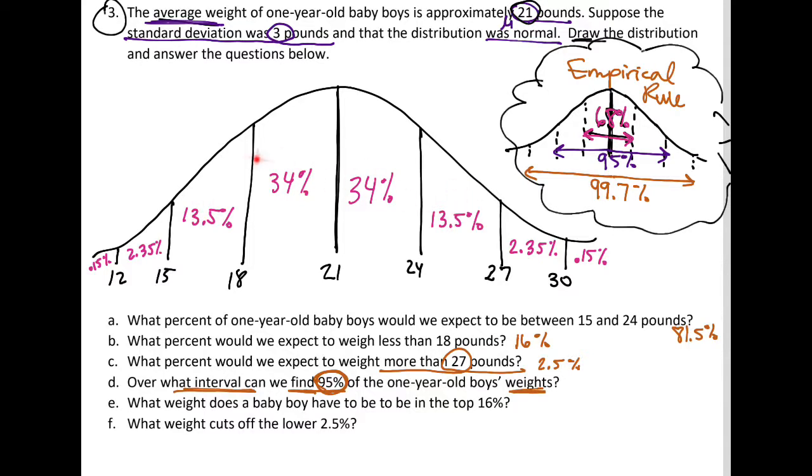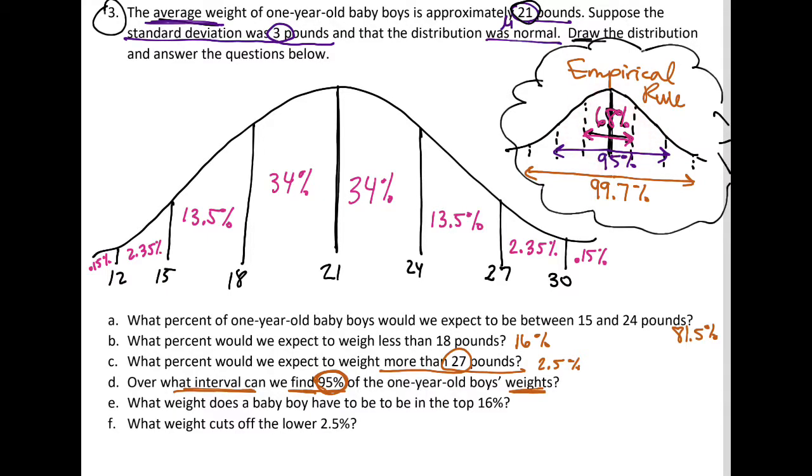We need to figure out which percentages add up to 95% and then figure out which lines those are related to. So I'm going to just start in the middle here. If I add these two, we get 68. Well, notice if we look at our little graph here, it's kind of a little cheat right now, but if we go out 2 lines over and 2 lines over this way, that middle 4 sections should add up to 95.